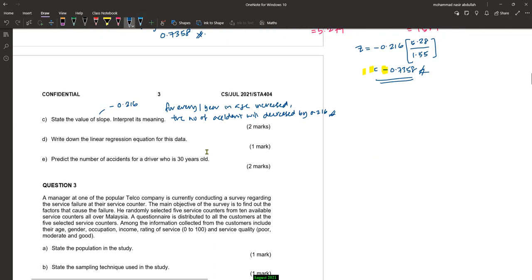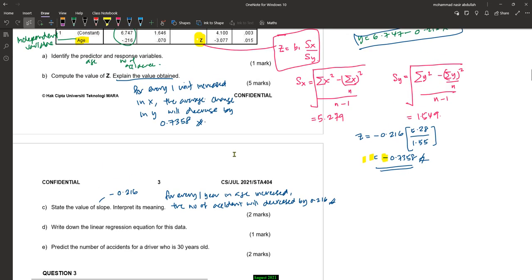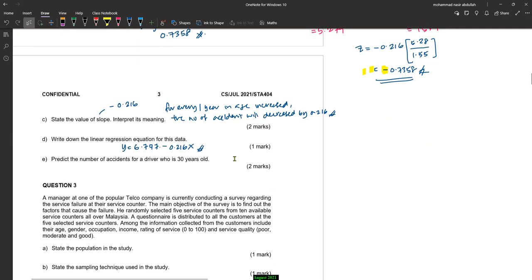So write down the linear regression equation. So we just write down lah y equal to 6.747 minus 0.216x. So then predict the number of accident for a driver who is 30 years old.